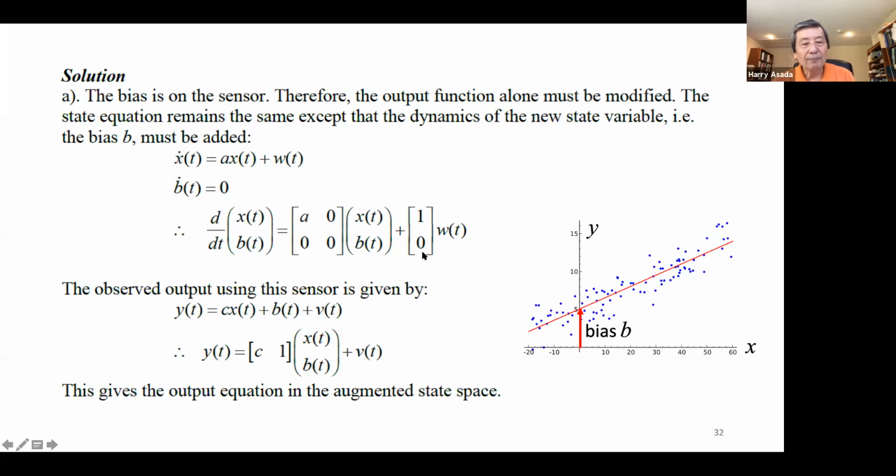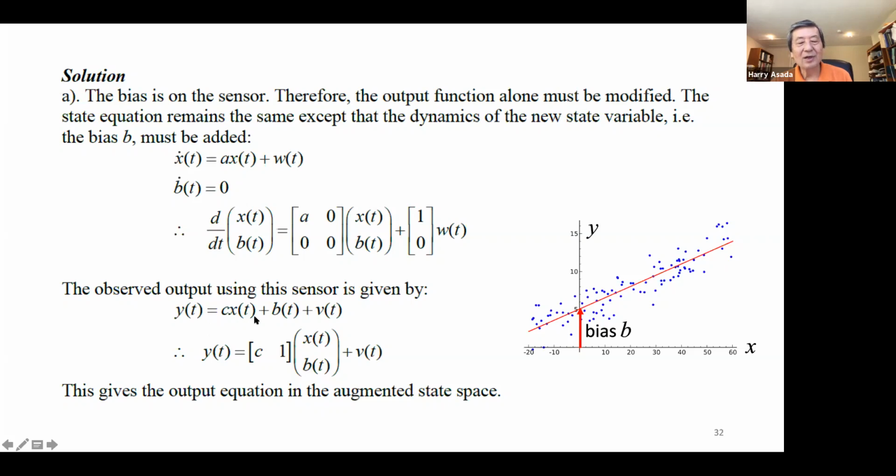That's the state equation in augmented space. Now, how about the measurement side? The measurement equation: y_t is usually C x_t plus v_t, but we have a bias b, so we add b to the output y_t.